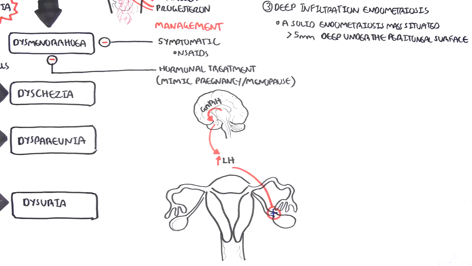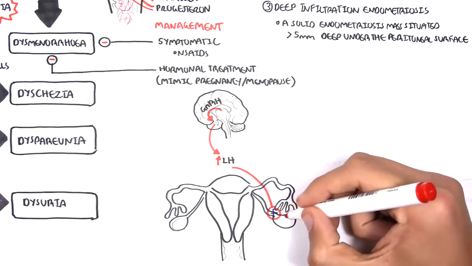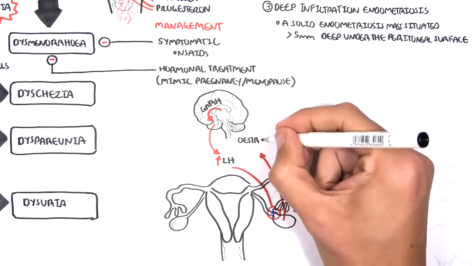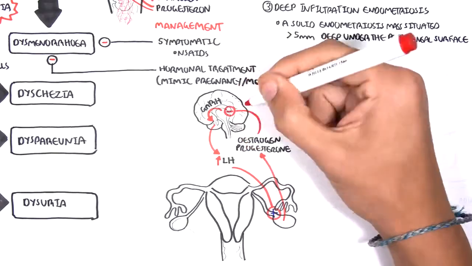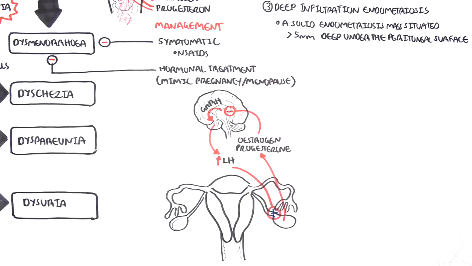Early on, after ovulation, estrogen and progesterone are produced. And this actually sends a negative feedback to the hypothalamus, telling it to stop producing gonadotropin-releasing hormone. And because gonadotropin-releasing hormone is inhibited, everything stops.